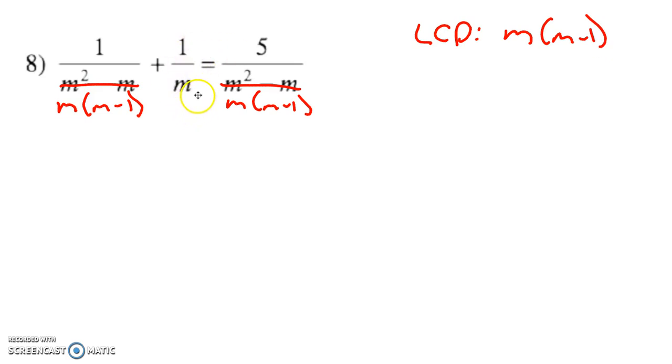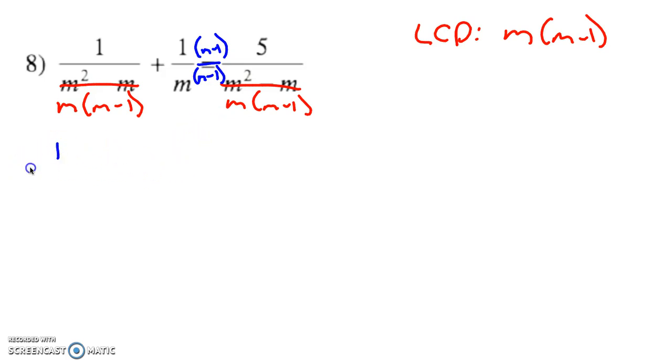So luckily, there's not a whole lot to change here because my first fraction and my last fraction already have the LCD. I am missing an m minus 1 in this second fraction here. So I'm going to multiply m minus 1 on top and bottom.